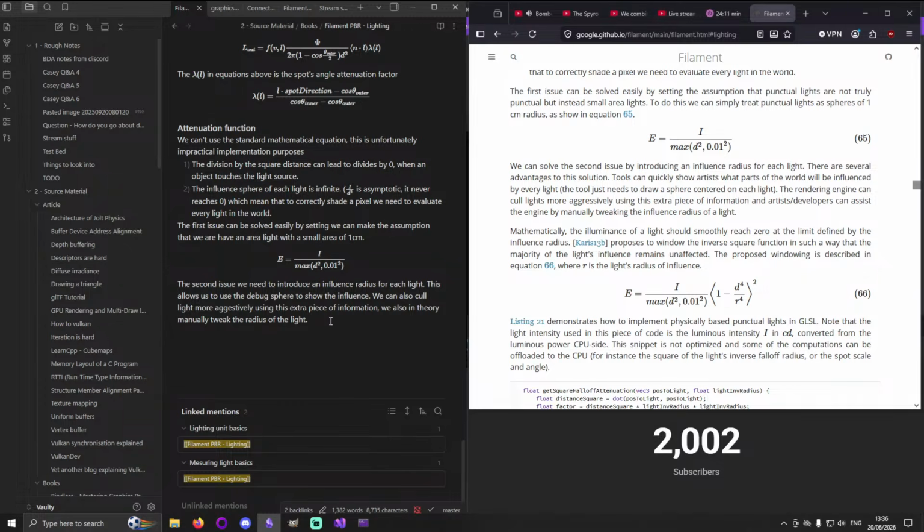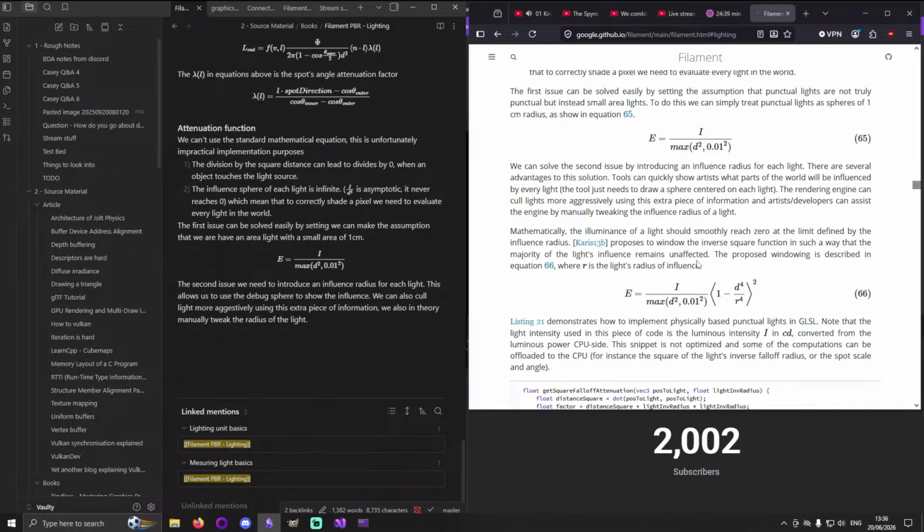So if we have a spotlight, it's just going to be a radius around that spotlight, which will be where it originates from, not how big the influence is. I think that's what you meant. I could be wrong there, because I don't really know how a sphere would be drawn around a spotlight.